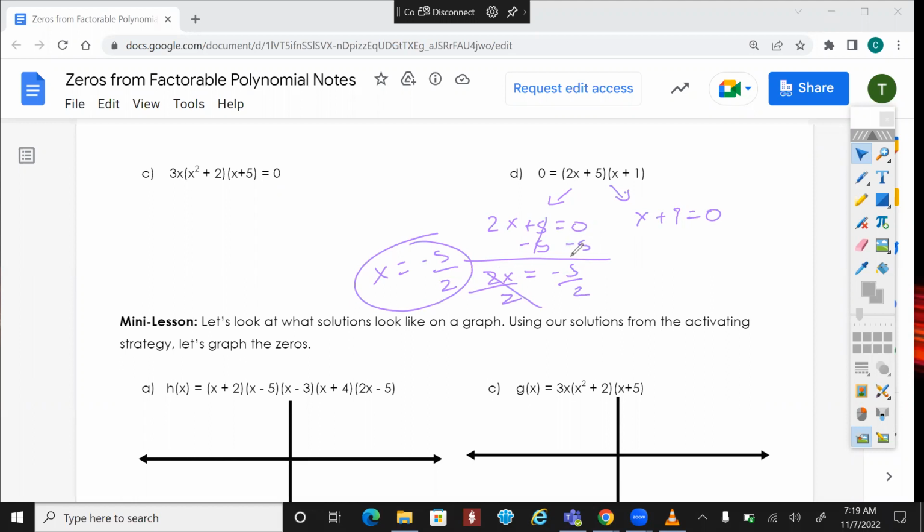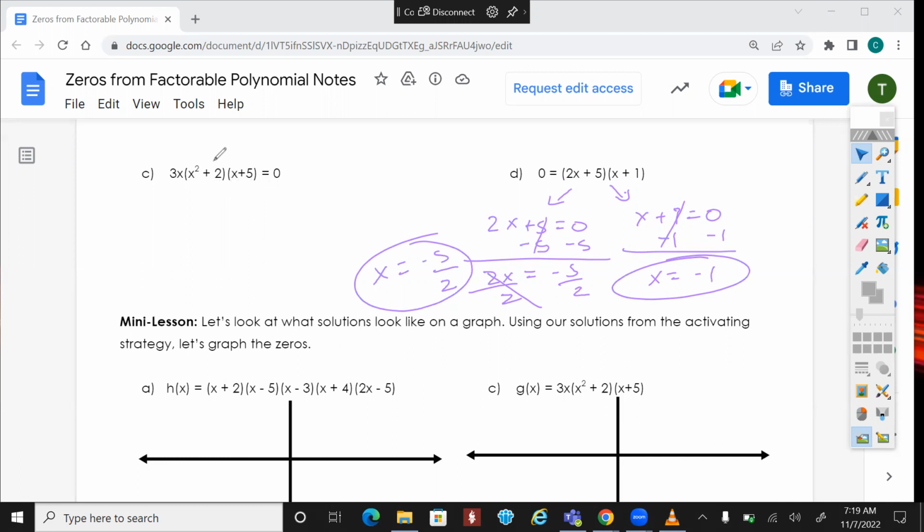The reason why I subtracted on this one is because it's added on the other side, so in order to move it to the other side, we have to do the opposite. Over here, I'm just going to subtract 1. So x is going to equal -1. How many solutions do I have? What kind of equation is this going to be? A quadratic, right?